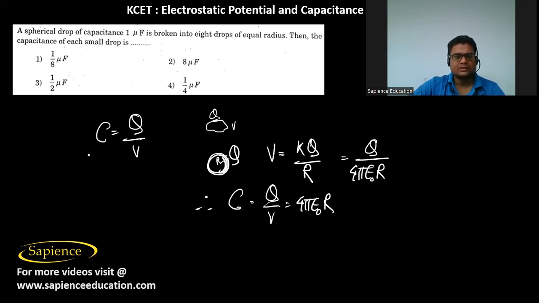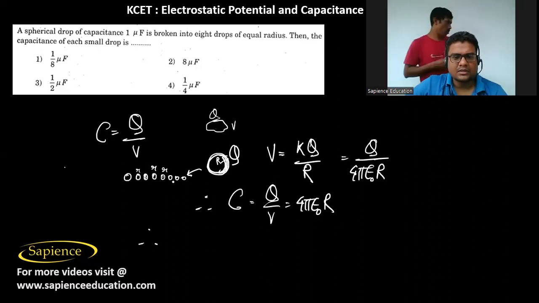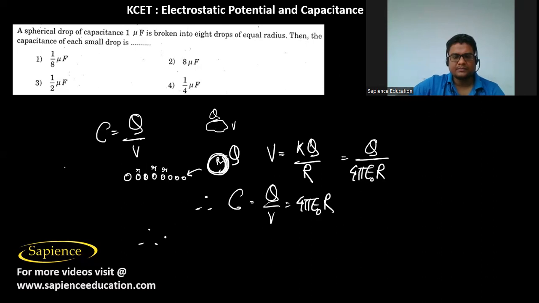Now it is told that this one drop is broken into 8 equal drops. So the radius of each small drop we have to find. Let's say it is small r, and these 8 drops have equal radii. Therefore the total volume should be the same.